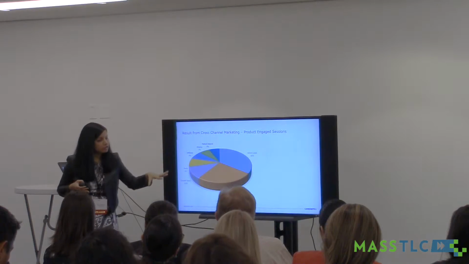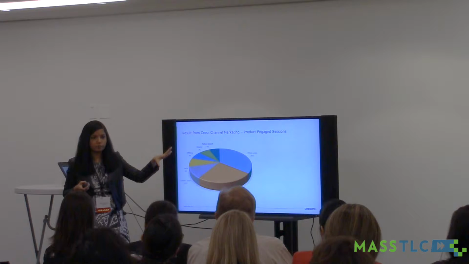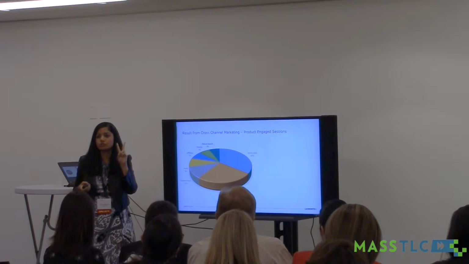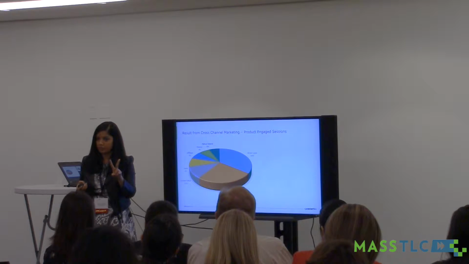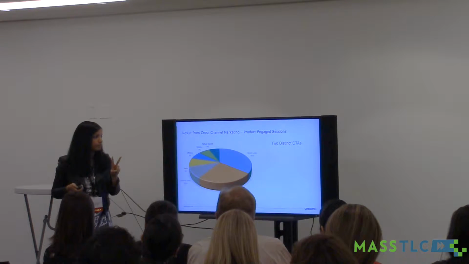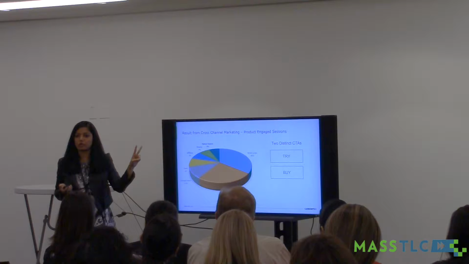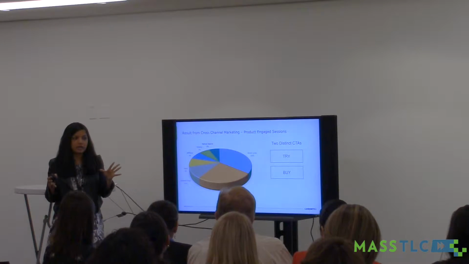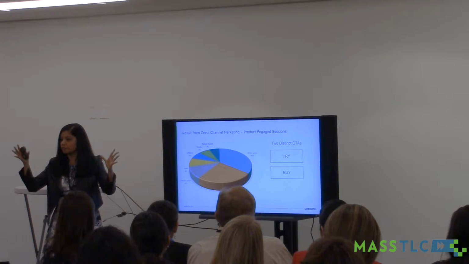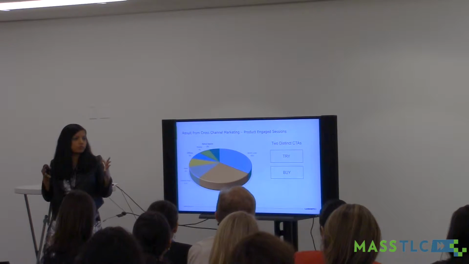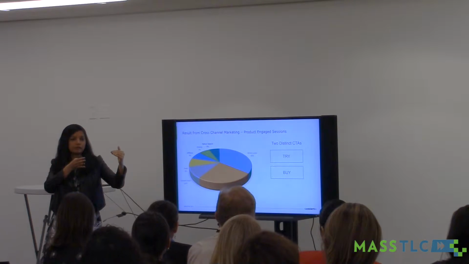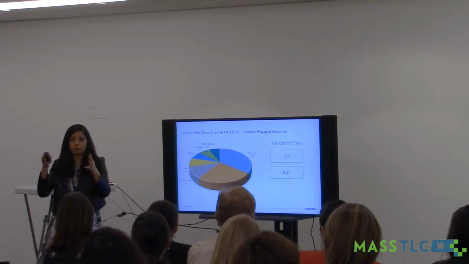And with all the acquisition tactics we're doing, when people come to the website, what do we want them to do? We have two distinct calls to action, and that's try or buy. The product pages are designed to give you all the information you need: what backup is, what will be backed up if you buy a personal plan versus a business plan, and why are they different, and why would you need two different plans.